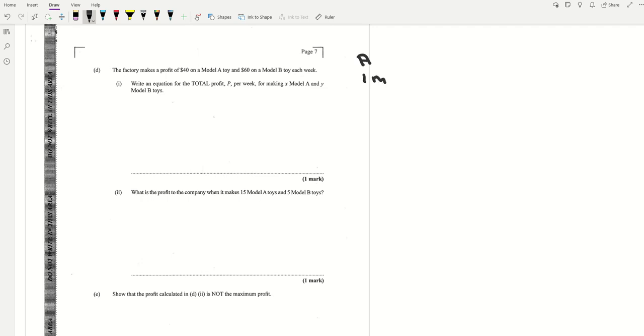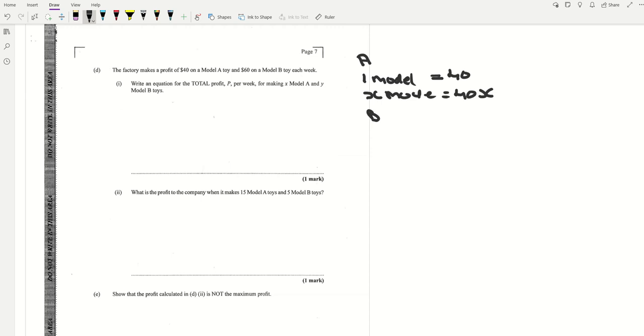One model is equal to $40. So X models, which is A, would be 40X. That is how much money you would make, right? 40X. 40 by X. X could be whatever amount.